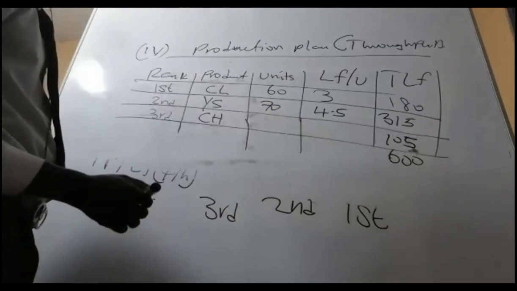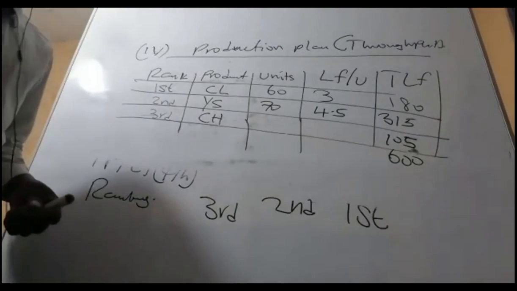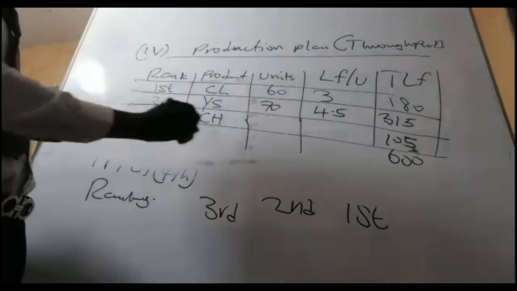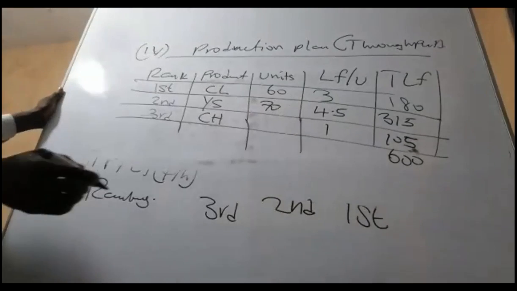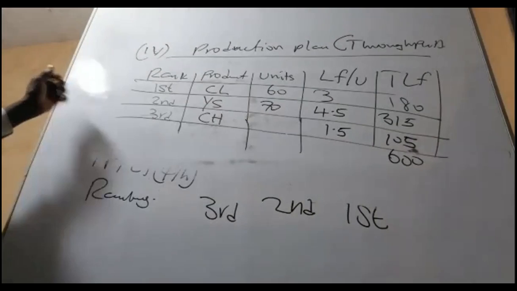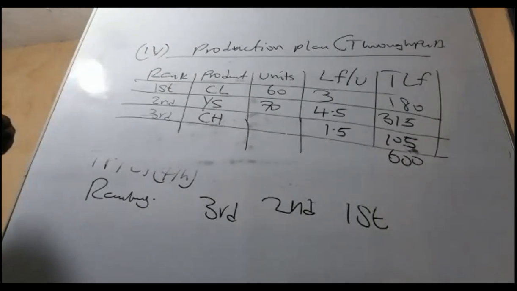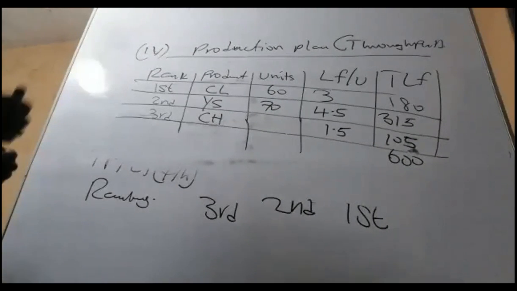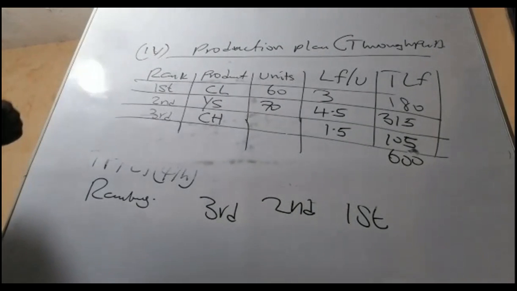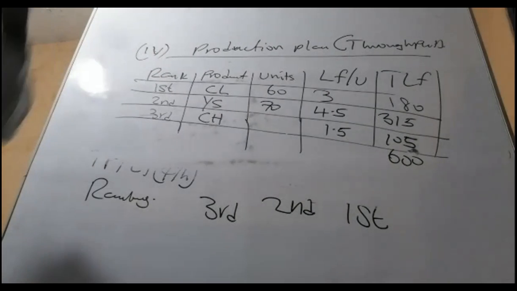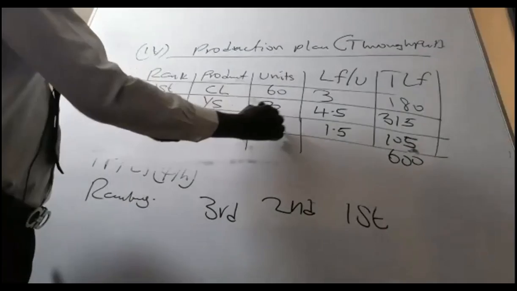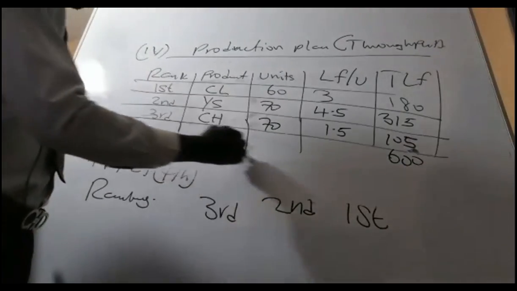Meanwhile, the limiting factor per unit for the third, the CH, is 1.5. So we have 1.5 and we have 105 minutes. How many units can it produce? It's 70. Good, 70.